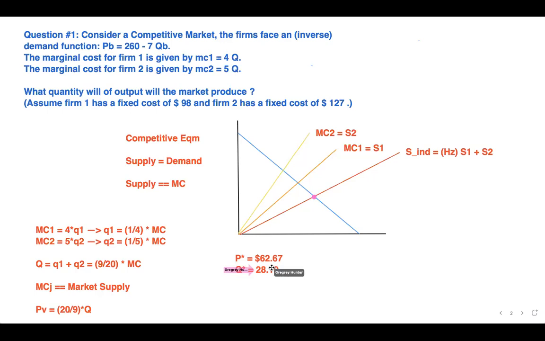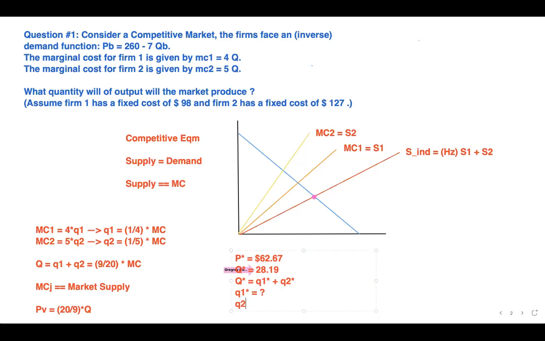Our next step should be, Q star is going to be equal to Q1 star plus Q2 star. So Q1 star is equal to what?